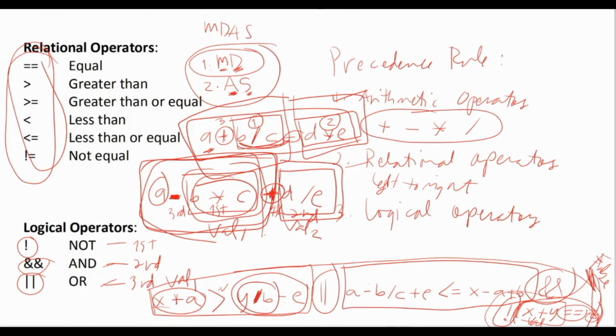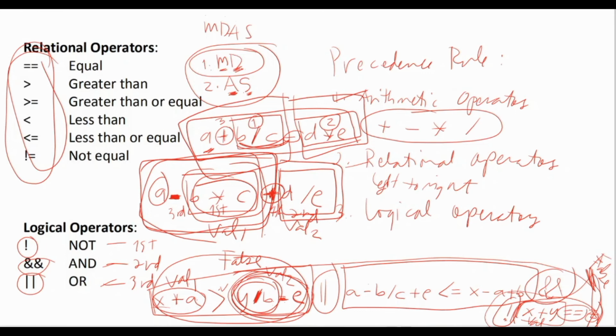Perform first division before the subtraction. So say this is value 2, we divide y by b, and then the value of that, we subtract e. And then we have now for the whole sub-expression here, value 2. Then we check val 1 greater than val 2. Say for example, this is false.